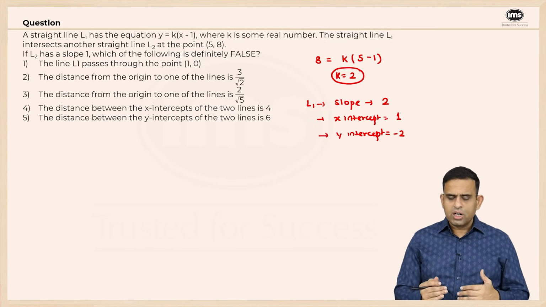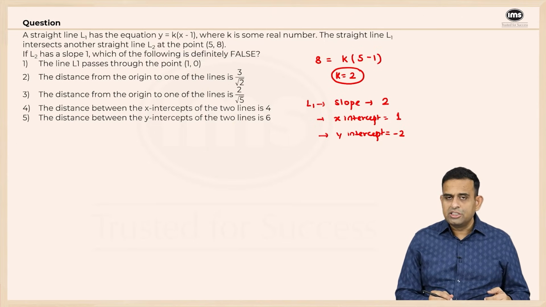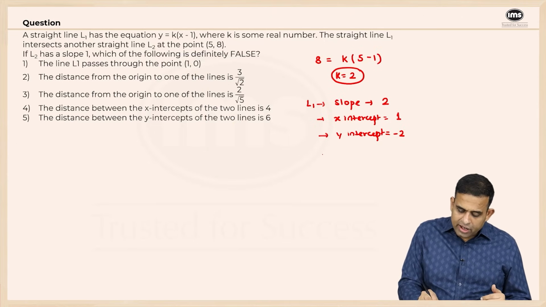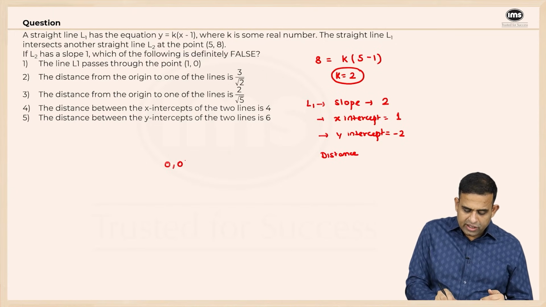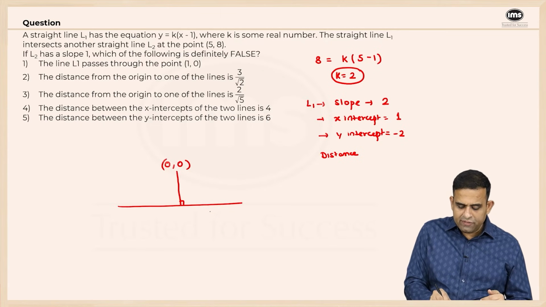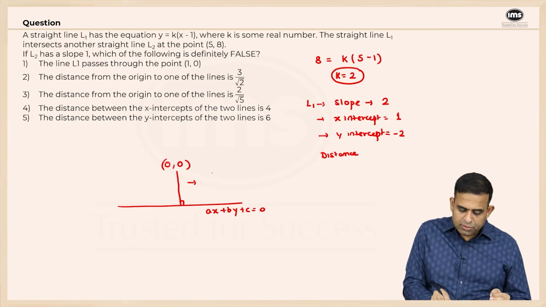And they also have talked about the distance from the origin to one of the lines. If I look at the origin and line L1, what is the formula for the required distance? Understand, if I want to find the perpendicular distance of (0, 0) from a line ax plus by plus c equals 0, the required distance is mod of c divided by root of a square plus b square.